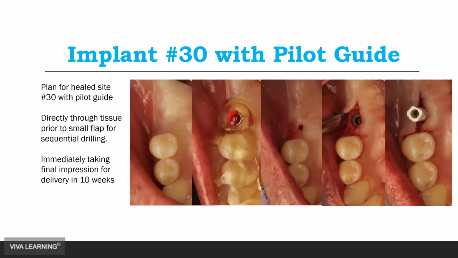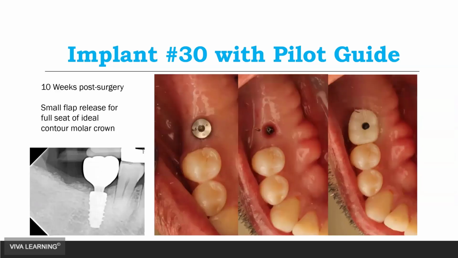So in this case, because of the abundance of attached tissue, I did just punch it right through the tissue. And then I just made my incision right over the little punch through the tissue so that there was no hole in the flap afterwards. And there again, you can see the impression coping. So I placed the implant, high torque, took the impression coping, put a little healer on it.